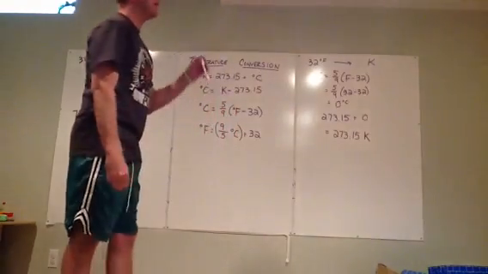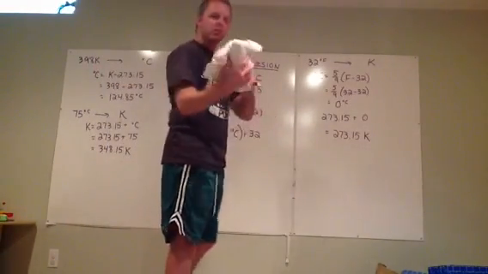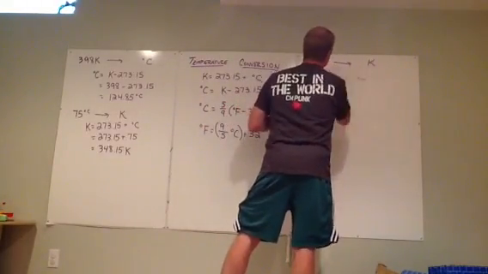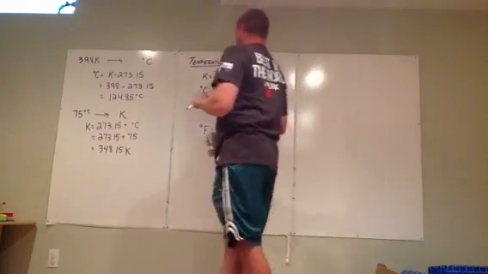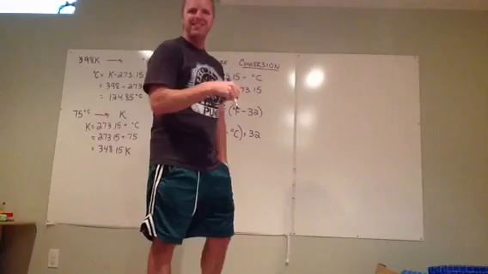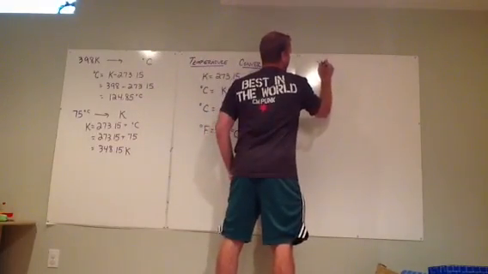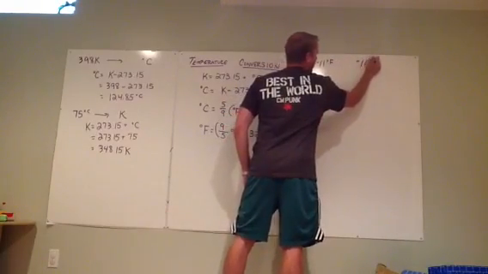Now there's one more thing I want to talk about with regards to Kelvin and why Kelvin is the universally used temperature versus Fahrenheit or Celsius. You see, we have a problem with Fahrenheit and Celsius, and it is this. Fahrenheit and Celsius allow us to have both positive and negative numbers. So you can have negative 11 degrees Fahrenheit or positive 11 degrees Fahrenheit.